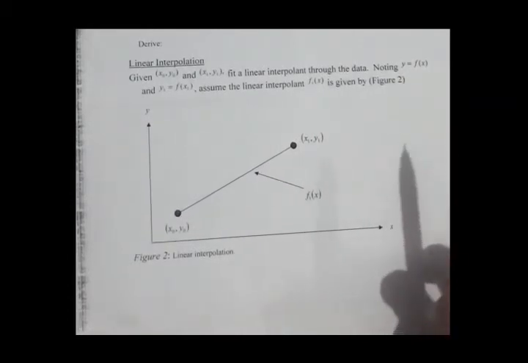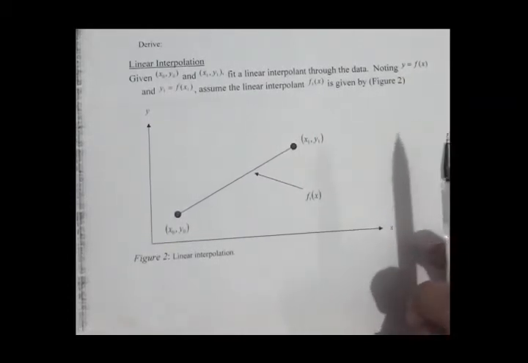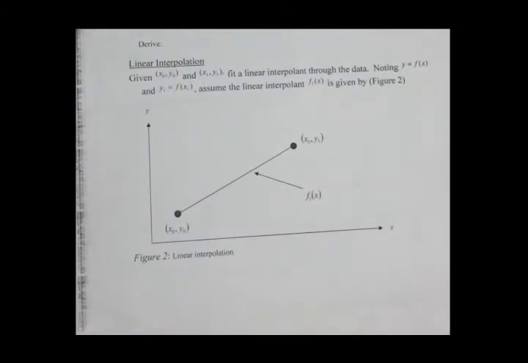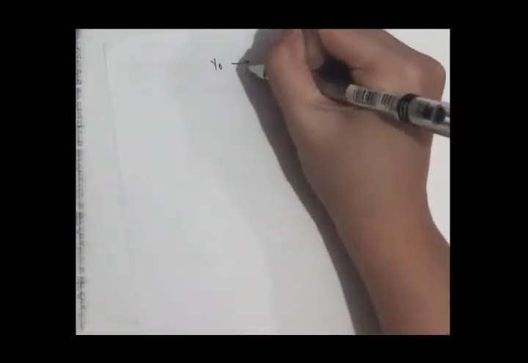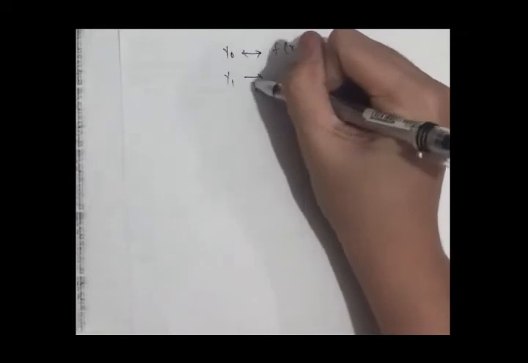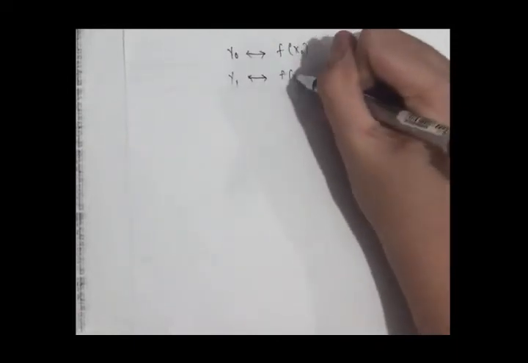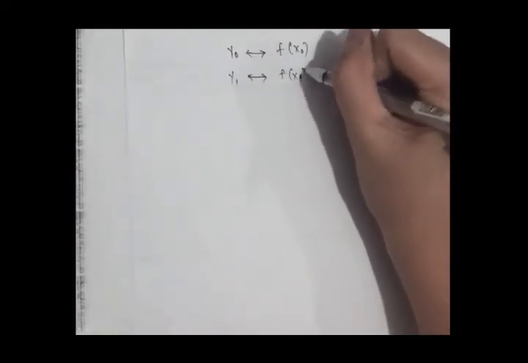Many times sa solving nakikita nyo na gagamitin natin tong magagamit natin tong interchangeable na y sub 0 to f of x sub 0, or yung y sub 1 sa f of x sub 1, I'm sorry.